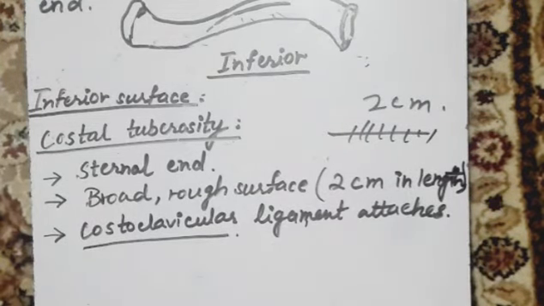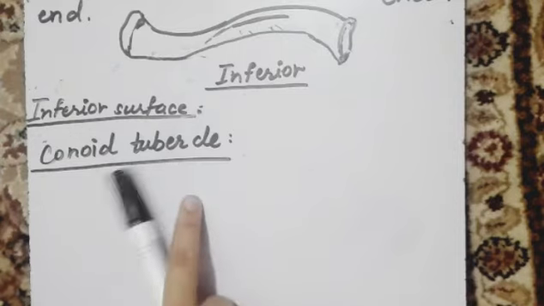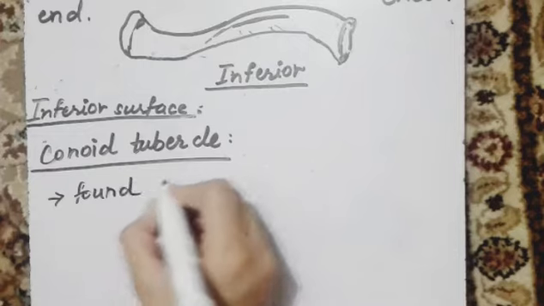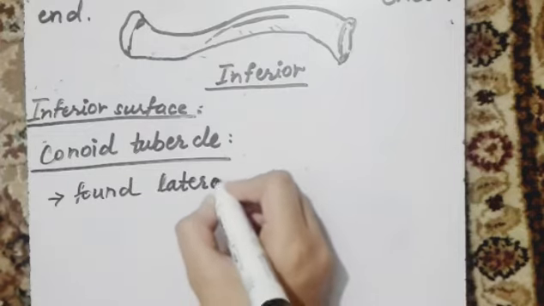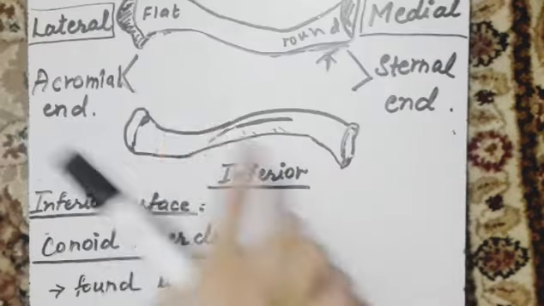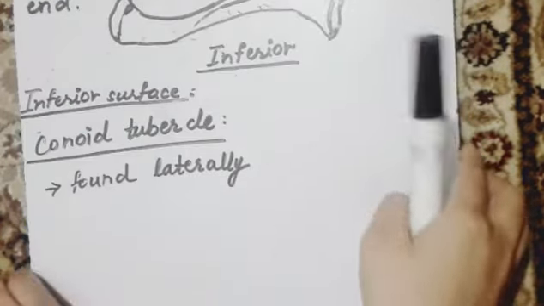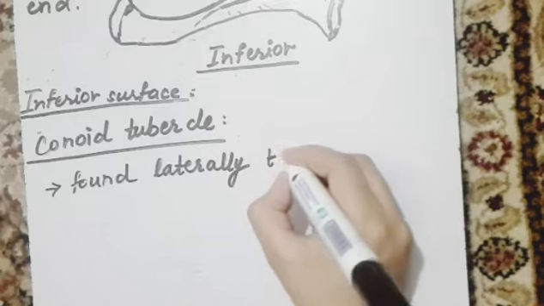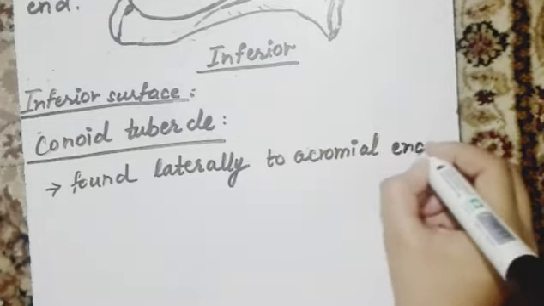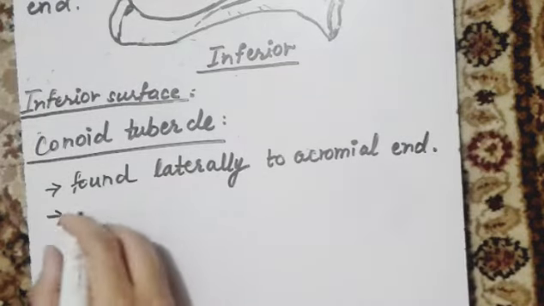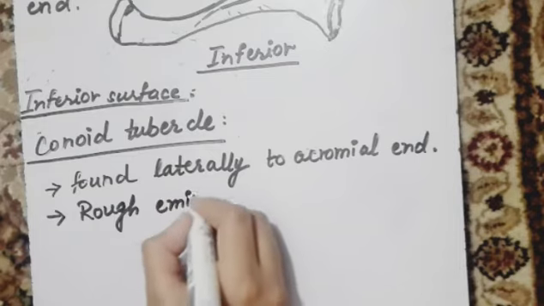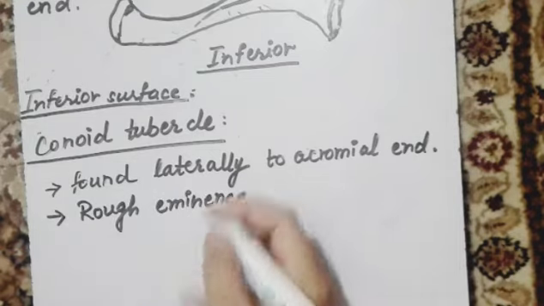Now let's talk about the conoid tubercle, which is found more laterally towards the acromial end. It is the first one on the inferior side to be found on the acromial end. It is also a rough eminence found where the flat portion of the clavicle meets the tip of the pyramidal sternal end.